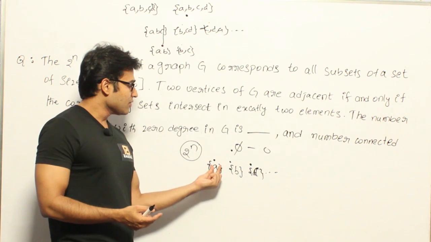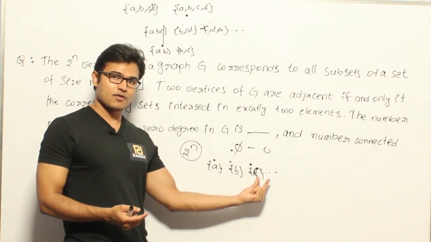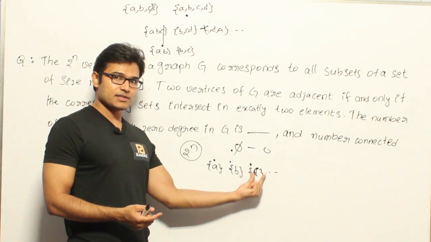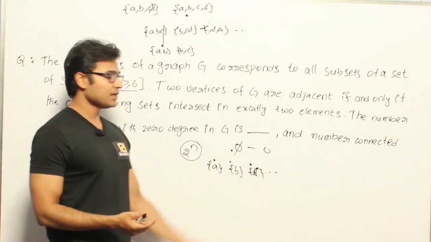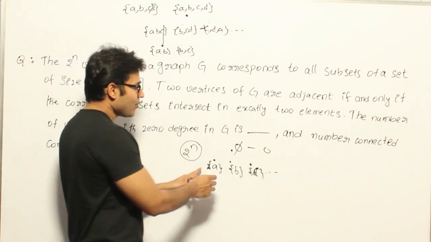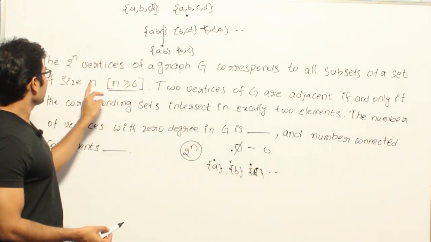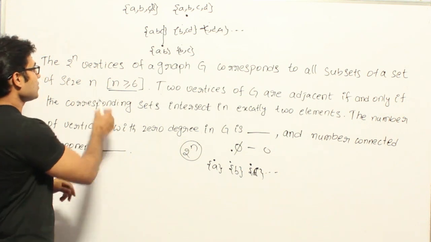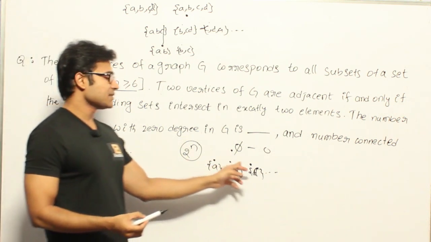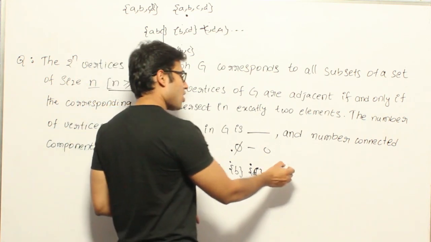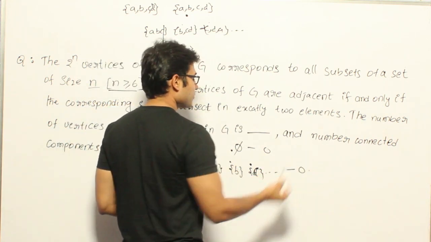That is why, even for all these vertices representing a single element, the degree is again 0. Now how many such vertices will there be? Since the set is of size n, there will be exactly n singleton sets. Therefore, for all those n, the degree will be 0.